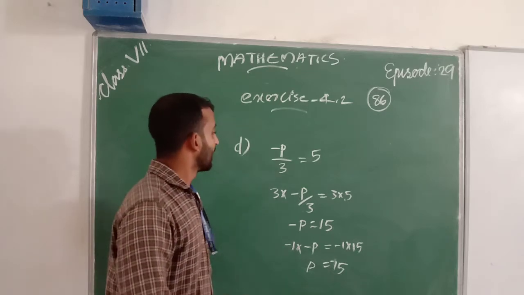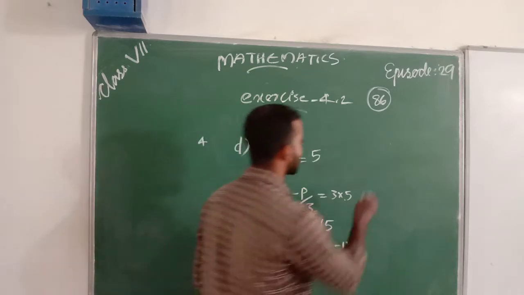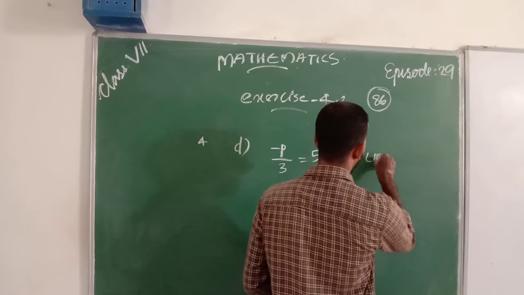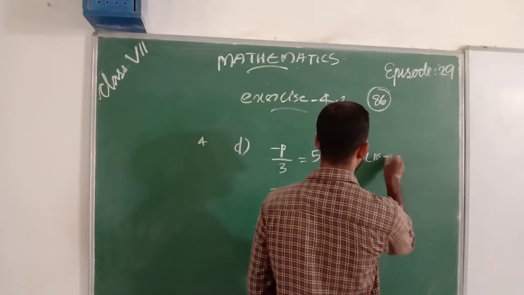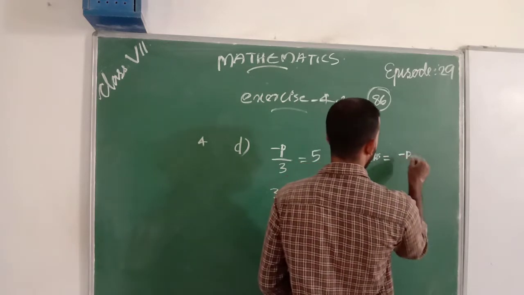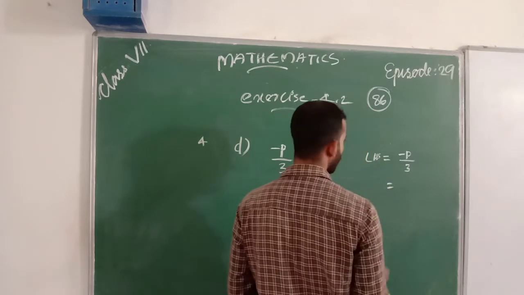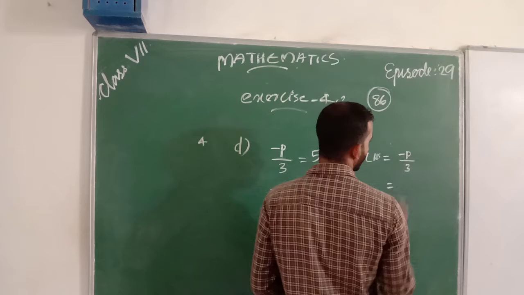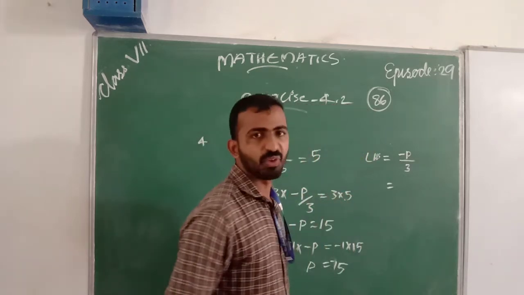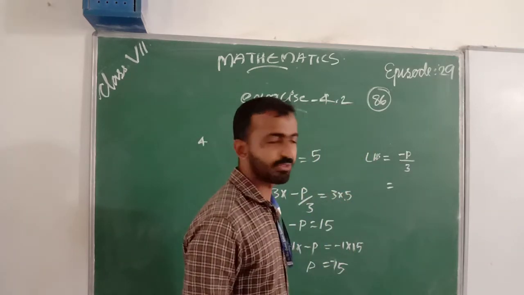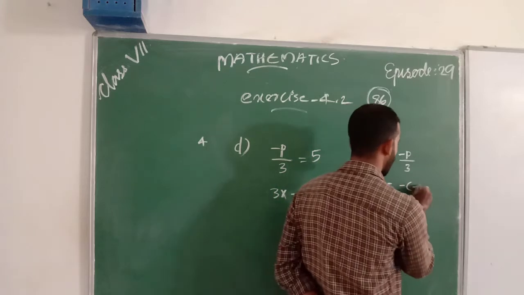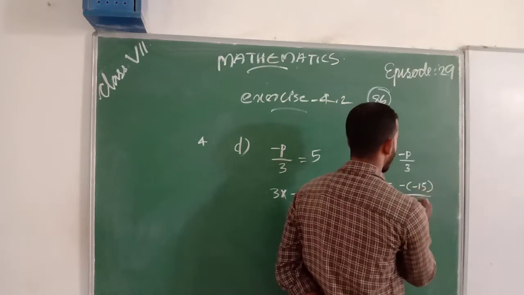We can check LHS equal to negative p by 3. What is p? Negative 15. That is negative of negative 15 by 3.